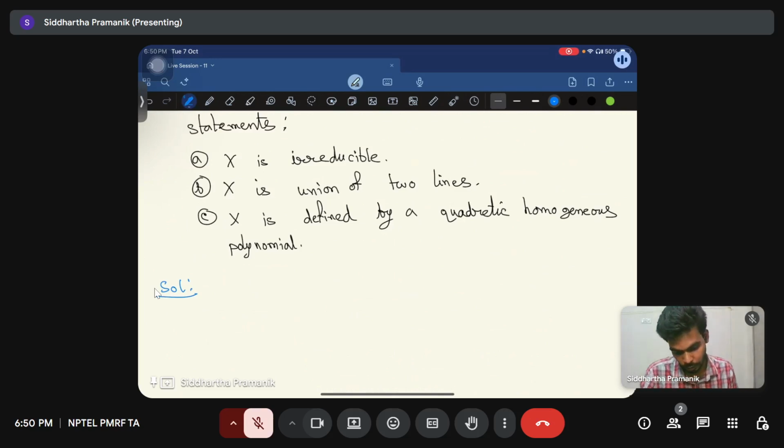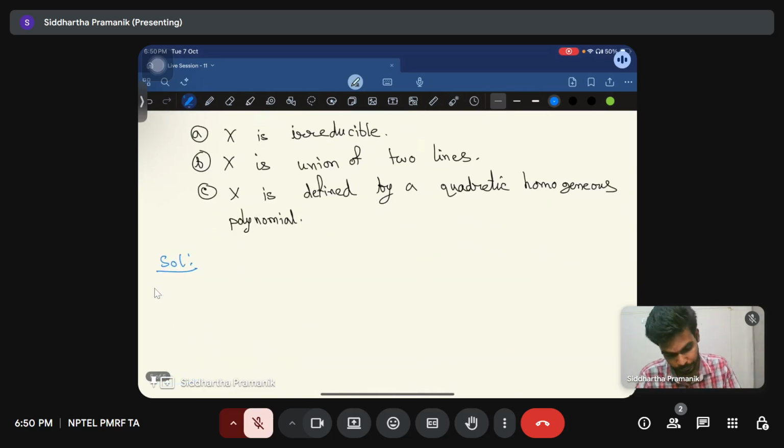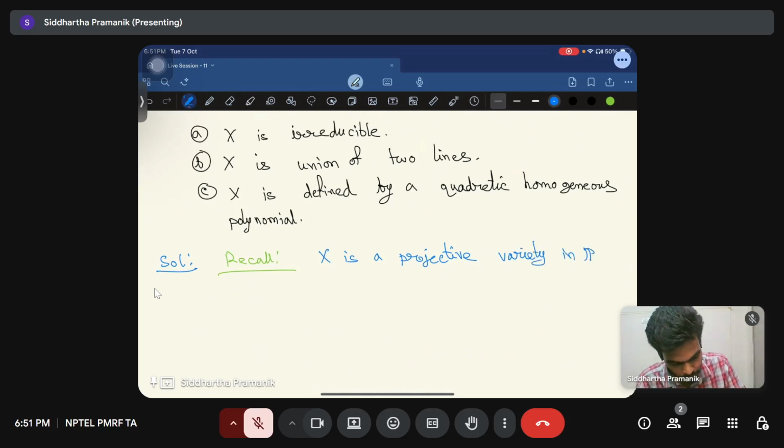So what is a projective variety? So recall, X is a projective variety in P3K.